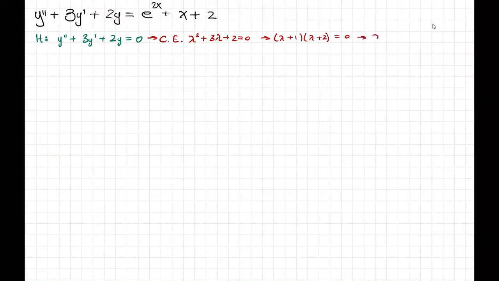And therefore, we get here that lambda 1 is equals to -1, and lambda 2 equals to -2. So based on this, this is a case 1, and therefore my homogeneous solution will be C1 e to the negative x plus C2 e to the negative 2x.